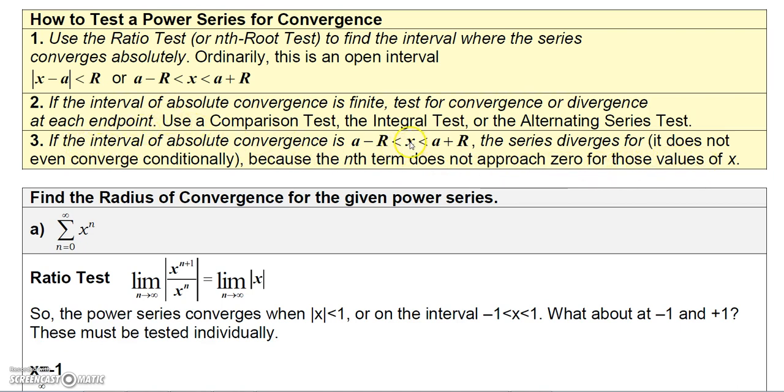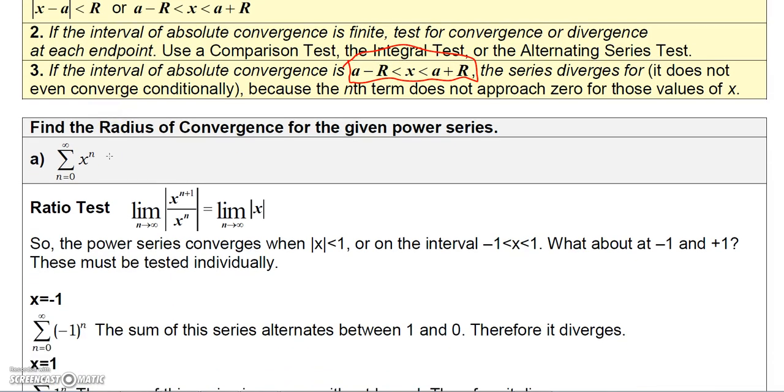So let me reiterate what I said here. If the interval of absolute convergence is this interval, then the series would diverge for values outside of that interval. So therefore that's what that's telling you there.